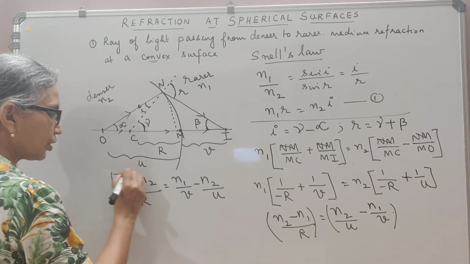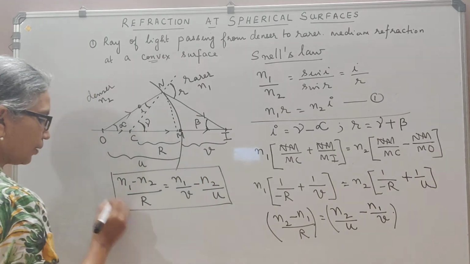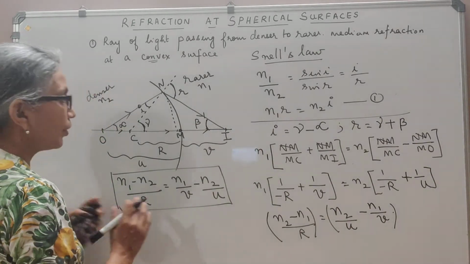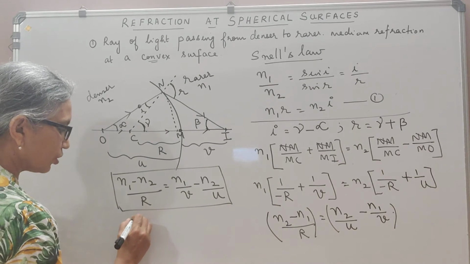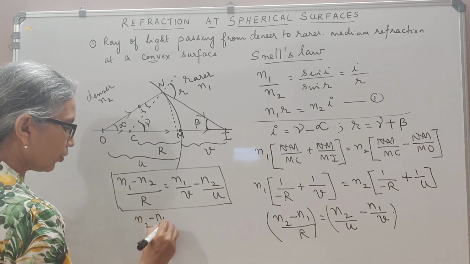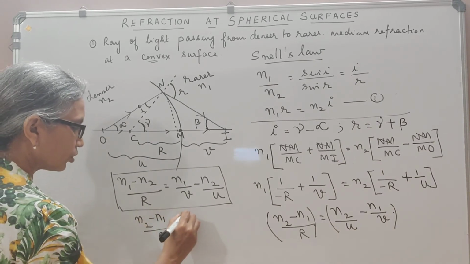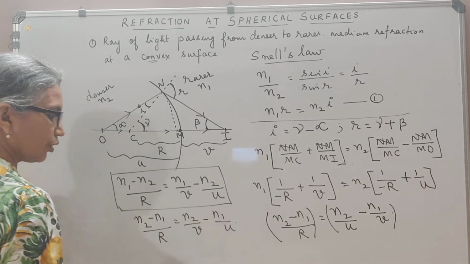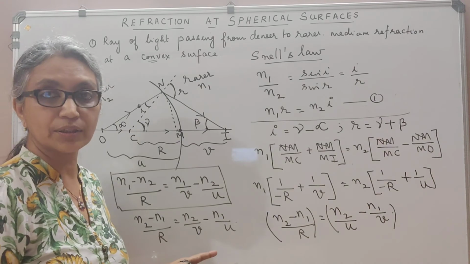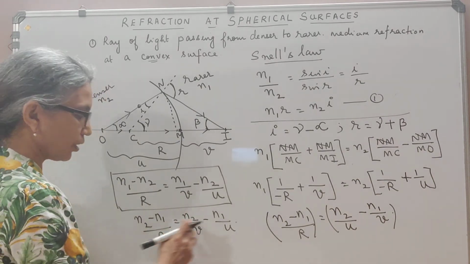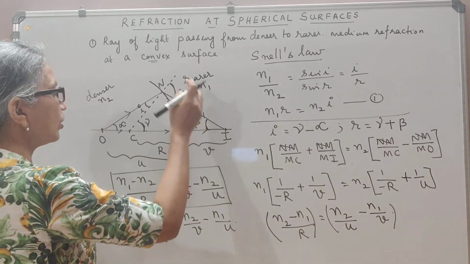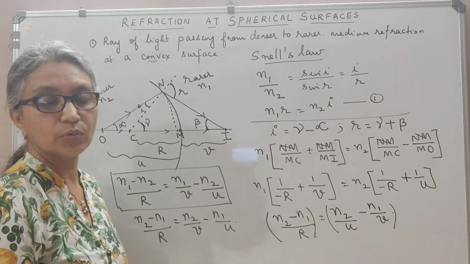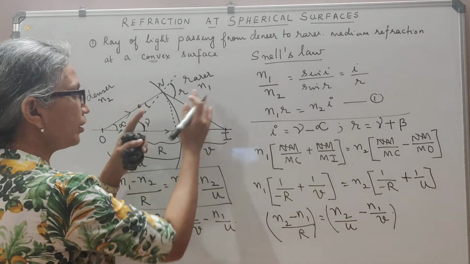I've rearranged it using that negative sign simply because I feel it may be easier for you to learn. You remember in the previous derivation we got N2 minus N1 by R equal to N2 by V minus N1 by U. This was the derivation when a ray of light passes from rarer to denser. Now we have a ray of light passing from denser to rarer. We have just switched the N1 and the N2.